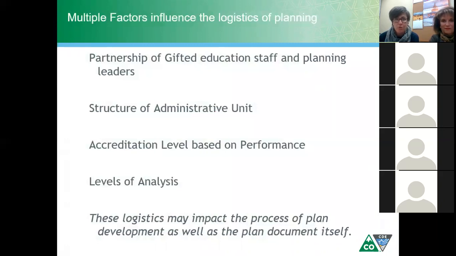So again, what does that infrastructure look like? Potential implications for accreditation level, and then levels of analysis. So again, we just want to acknowledge that these are all factors that folks are wrestling with and that we have attempted to accommodate within the system, the resources, the guidance that we're putting out around all of these things.